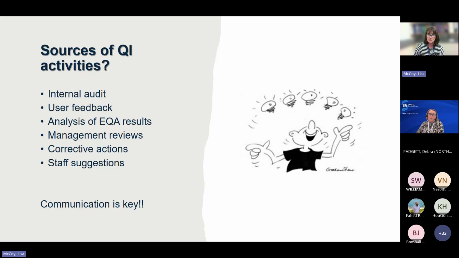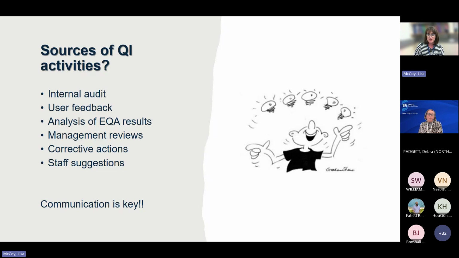Management reviews are also a good source of quality improvement activities because you have a wide range of people in the room. You'll have clinical staff and laboratory staff. So it's really good to get ideas coming out of those management reviews. You can also seek opportunities for improvement in your corrective actions. But I think within the pathology services, getting information from your staff is key.